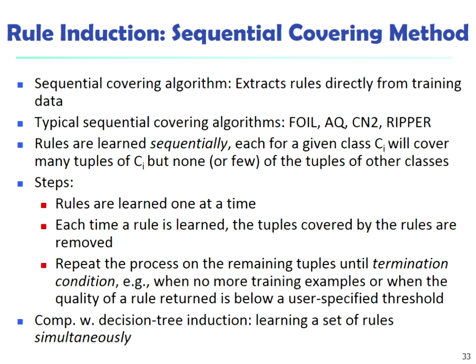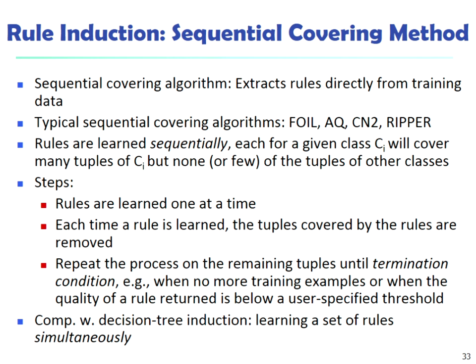So how can we extract rules from a training data set? There are many manners to extract rules from a data set. We can talk about sequential covering algorithms, which extract rules directly from the training data set, and we can quote many algorithms, for example, FOIL, AQ, CN2, RIPPER, etc. So rules are learned sequentially.